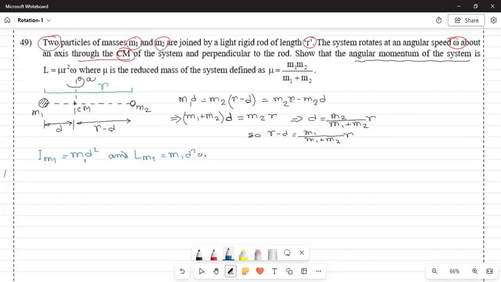From here we find the angular momentum of the mass M1 is equal to M1 multiplied by the value of d, which we take from here, M2r divided by M1 plus M2, this whole thing square, multiplied by omega.